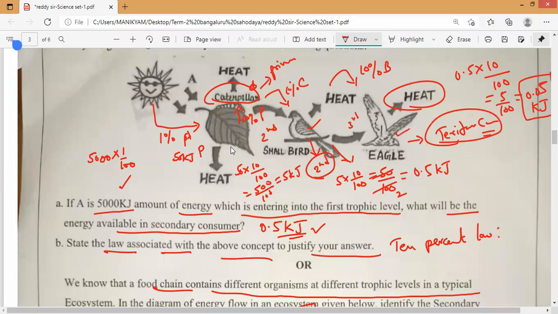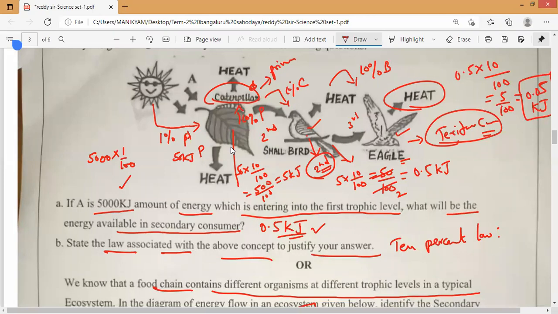The bird is a secondary consumer. The bird also will be eaten by some other organism, the top level carnivorous animals. But after death, everything, leaf, caterpillar and bird, will be decomposed by somebody, a single one who can eat all the things.